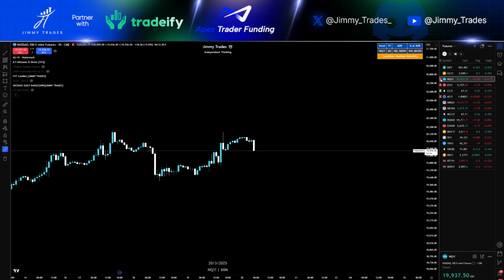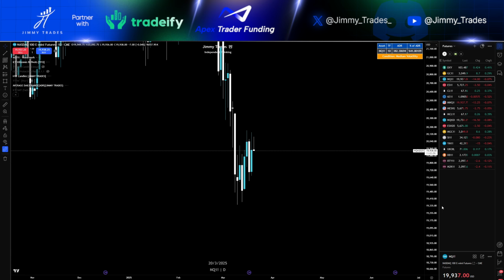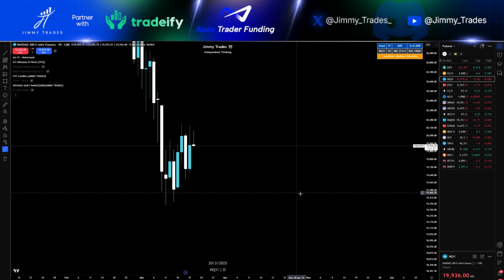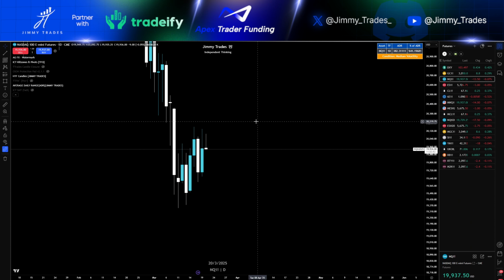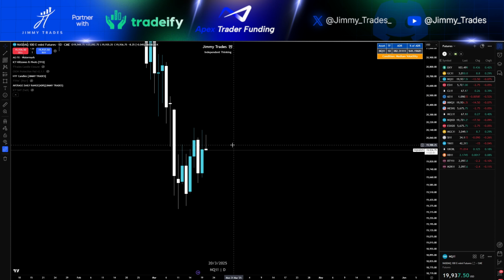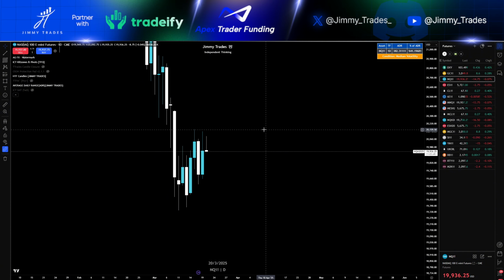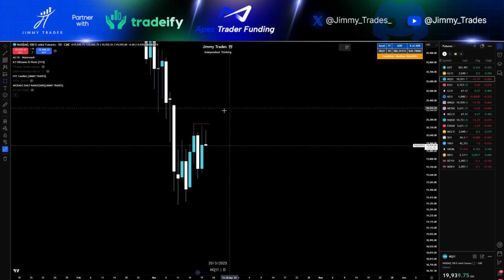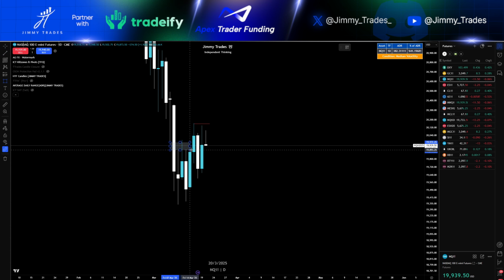All right, let's clear this off here. Let's move out to the daily. And let's see what we got. Looking at the equal or relative equal highs here for our draw on liquidity, we've invalidated this bearish FVG.